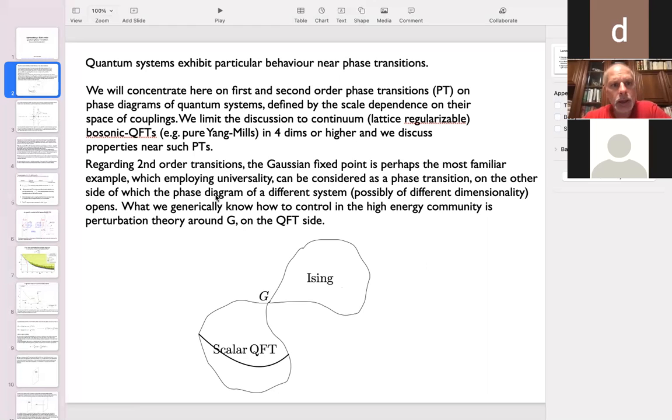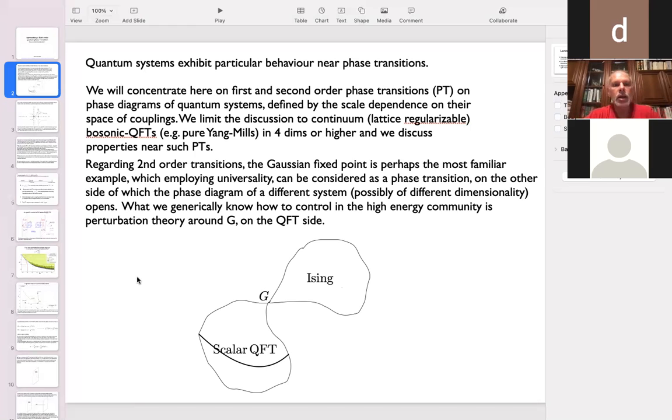Now let me first review a little bit second order phase transitions, which are perhaps more familiar, or if not more familiar, they are usually easier to analyze in a quantum field theory context. And the most familiar second order phase transition is basically a Gaussian fixed point. Now, at a Gaussian fixed point, usually one does not say that there is a phase transition.